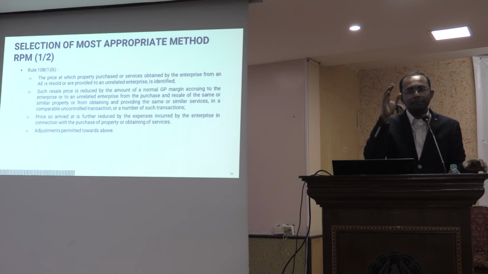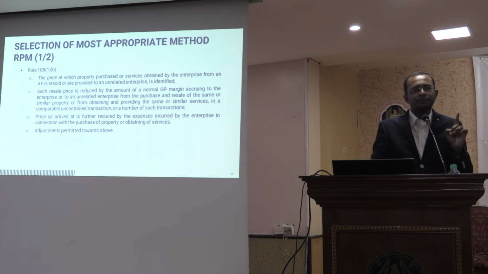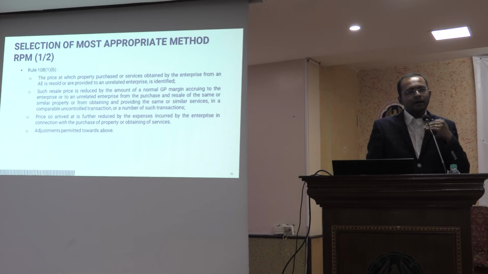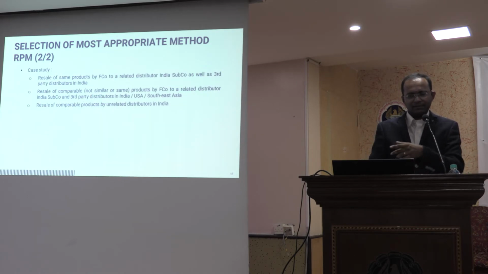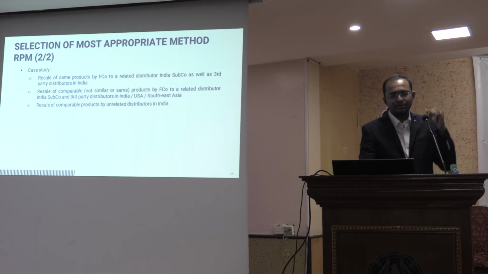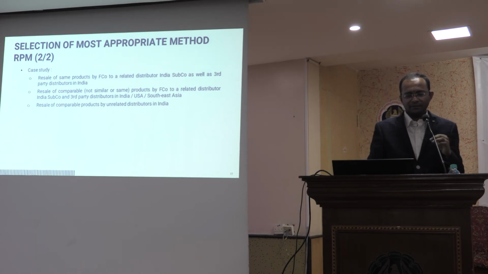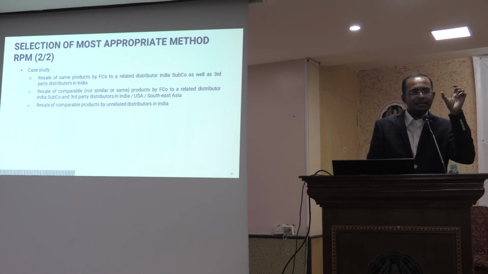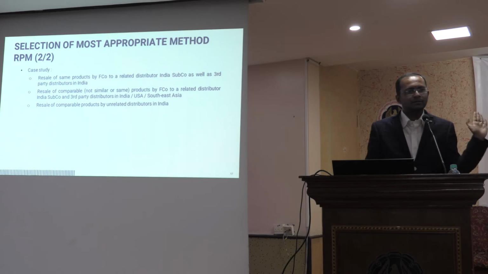RPM permits that, CPM permits that, TNMM permits that, right? But CUP does not permit it, and that is where RPM is slightly popular, particularly for traders. And this is the same example: resale of same products to a related distributor. Resale of, again, in RPM it is resale, not manufacture. Alright? RPM is used only for traders, no other set of products.